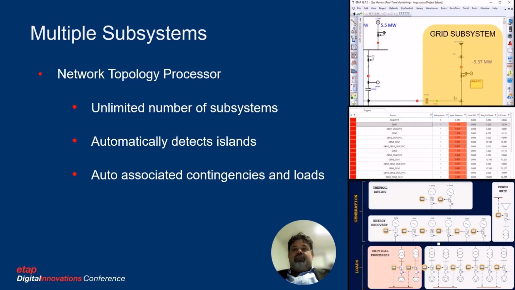So there is no need to do any programming on the system. Automatically, the network topology processor determines the islands, determines which generators belong to which islands. It determines which loads belong to each island, and the contingencies are also tracked by location. So if an event happens on island A, it will not affect the loads in island B.